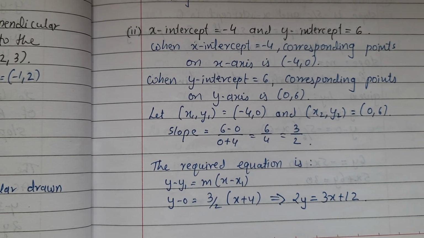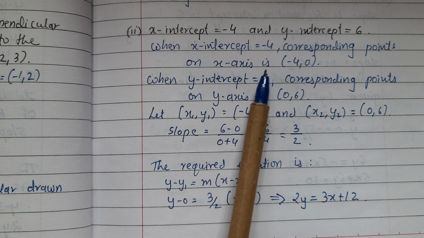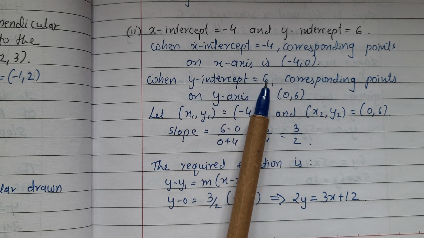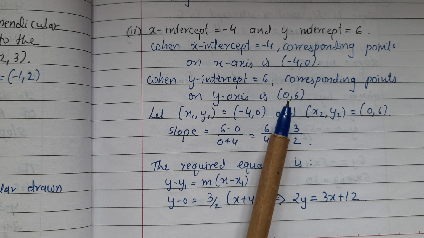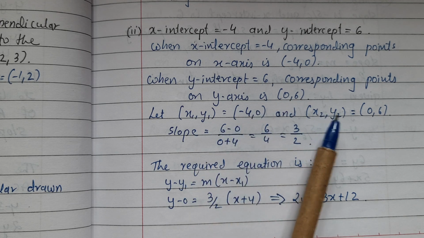Part 2. X-intercept equals minus 4 and y-intercept equals 6. When x-intercept equals minus 4, the corresponding point on the x-axis is (minus 4, 0). When y-intercept equals 6, the corresponding point on the y-axis is (0, 6). Let (x1, y1) equal (minus 4, 0) and (x2, y2) equal (0, 6).